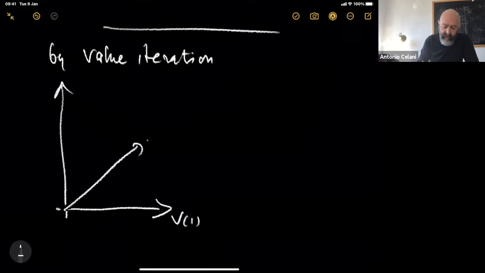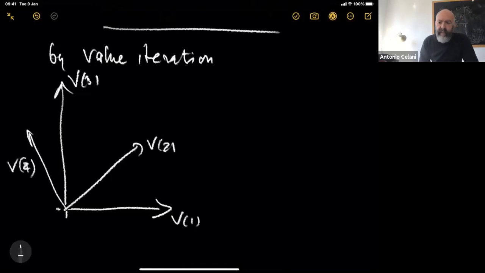This is the value for state 1, value for state 2, value for state 3, and then there may be many other axes that don't make any sense on a picture, but something like this. And then you start from a certain V0, and you use the Bellman operator to send you to a V1, and this will send you to another V2.